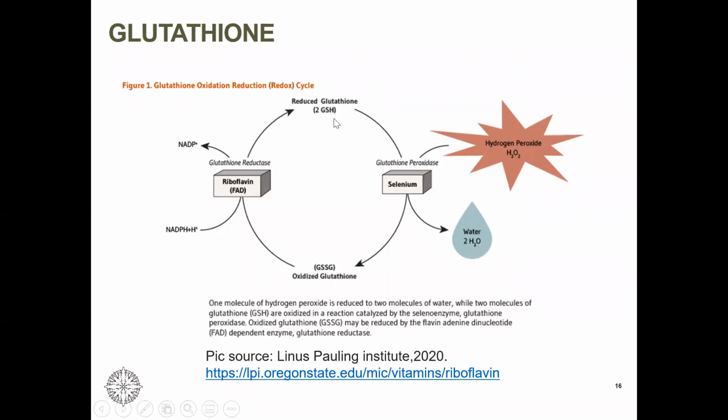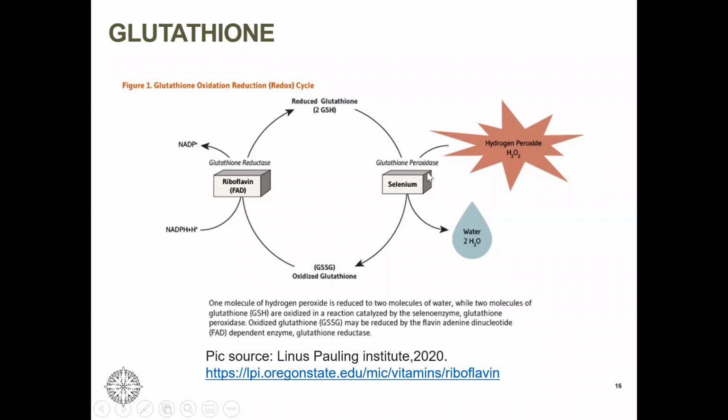We have these two molecules of reduced glutathione, and let's say that in the liver we are generating hydrogen peroxide, which is a toxic product. Now glutathione is responsible for rendering this hydrogen peroxide harmless. So it uses this enzyme, glutathione peroxidase.